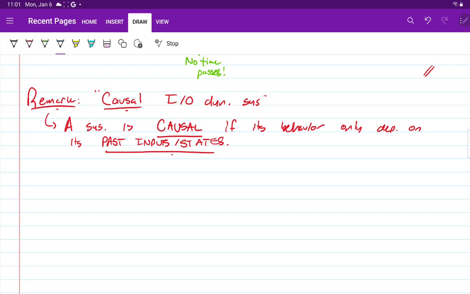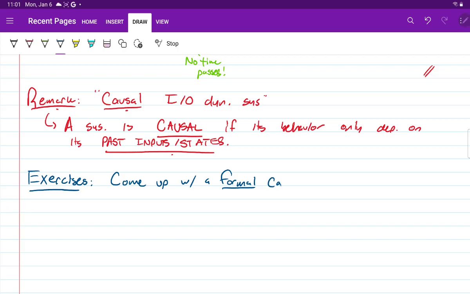So let me just run through a couple of quick exercises. In each of the following exercises, what you should do is come up with a formal causal I/O system. What I mean by formal is something that matches the definition that we just laid out above.